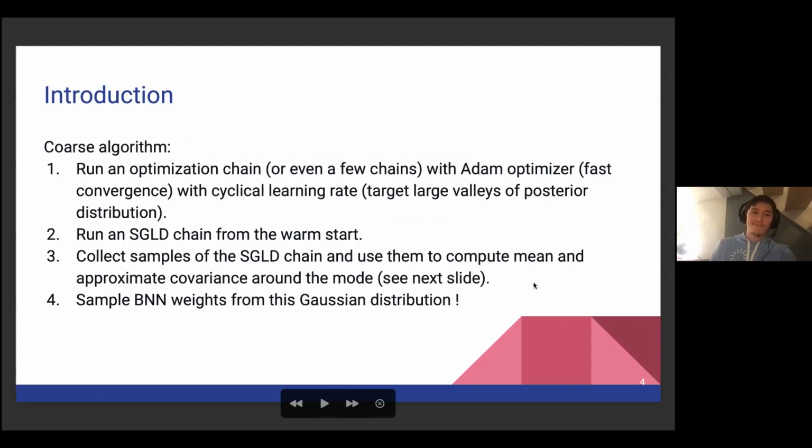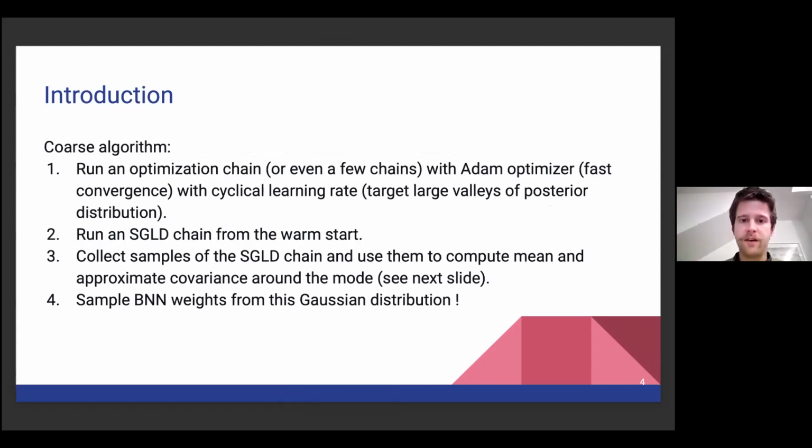But just to summarize what our algorithm is. In the end, what we're going to do is run a few chains of optimization with the Adam optimizer. A crucial thing in our experiments was that using the cyclical learning rate was really helpful. In particular, the intuition behind it might be that the cyclical learning rate allowed us to get inside some large valleys of the posterior, some larger regions, and not very thin local minima.